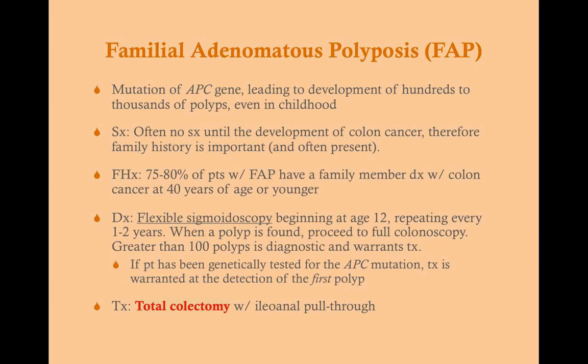You can skip the full colonoscopy because at that point you know that they're developing polyps. And the treatment is going to be surgical. You're going to take out their entire colon, and you're going to take their ileum and pull it through into the anal area. And so these patients will be continent. So total colectomy with ileal anal pull-through.